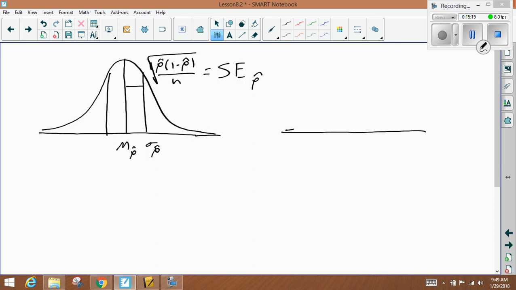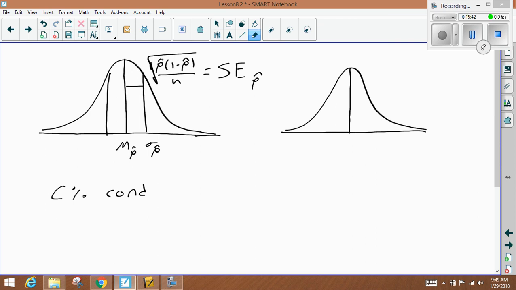So let's look at something we know, because I'm going to jump ahead and give you our formula. Our formula for our C% confidence interval looks like this.